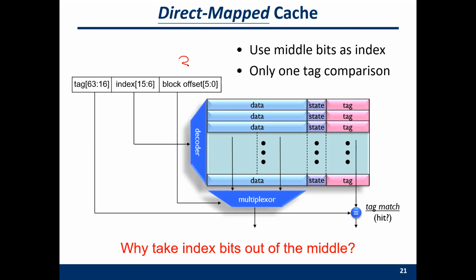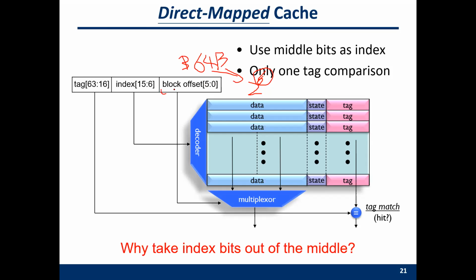For example, if you have a 64 bytes block, this is 2 to the 6, which means that we need 6 bits to index these many bytes inside that block.